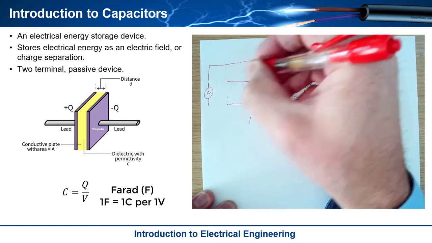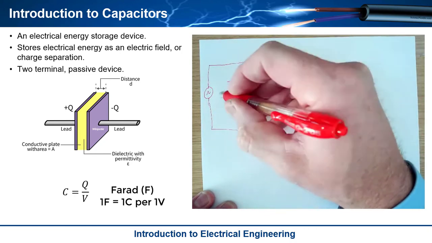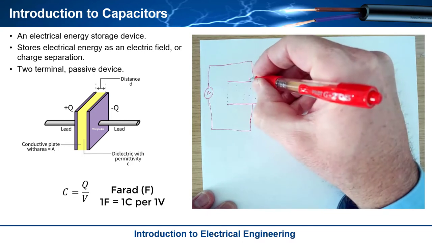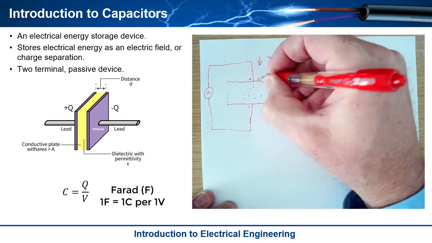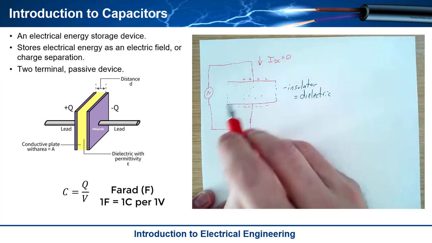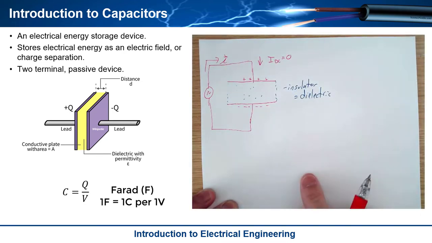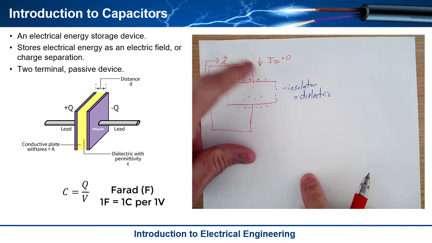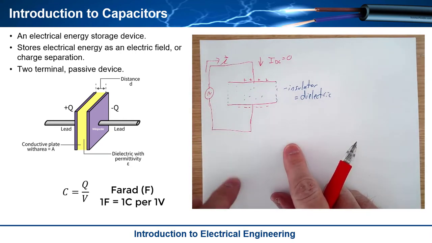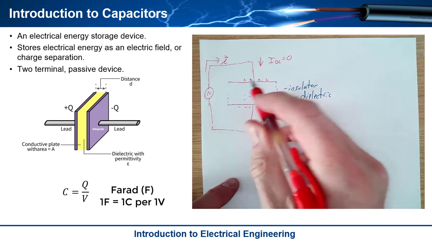Even though the current doesn't actually flow through the insulating material, you can think about it in terms of a sine wave: I put a little bit of positive charge there, a little bit of negative, then a little bit of positive, then a little bit of negative, then more and more. With respect to the source over here, the current is flowing over as it charges up, and then you turn it around and move the current this way, putting the positive charges down here and negative up here, and go back and forth.